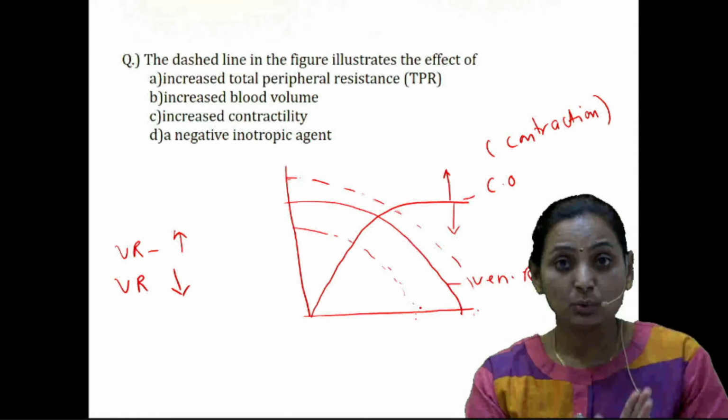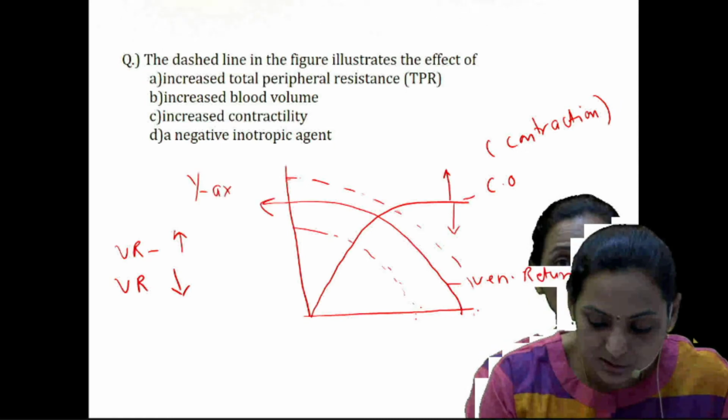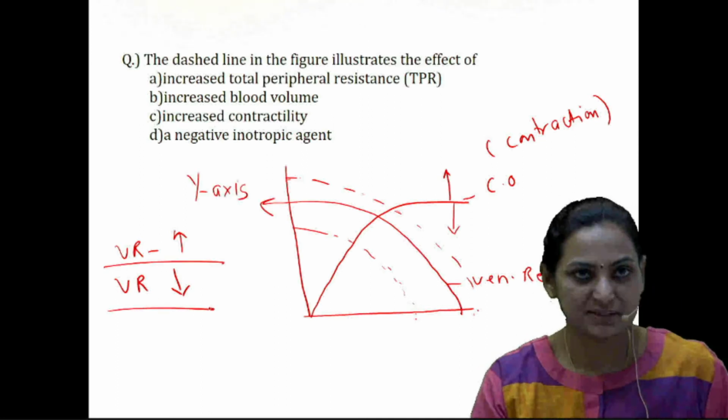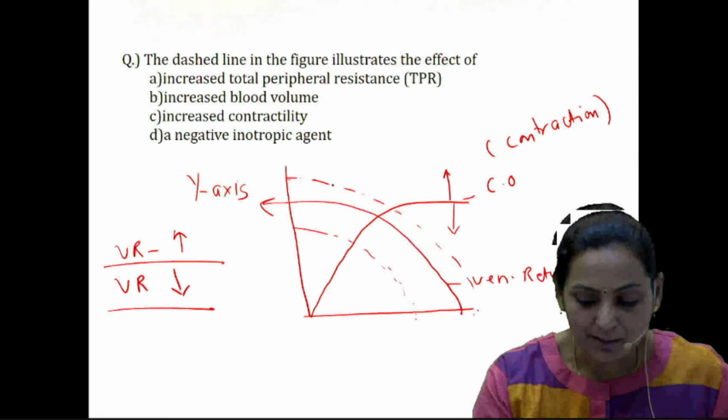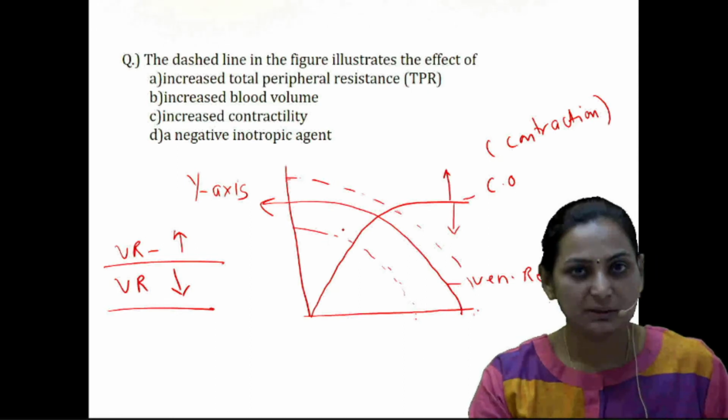So the graph which starts from the y-axis is the venous return graph. If it is shifted up, venous return is increased. If it is shifted down, venous return is decreased.